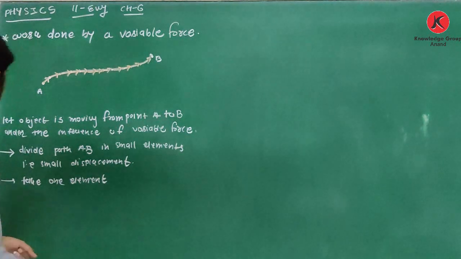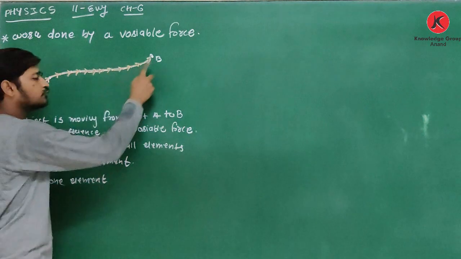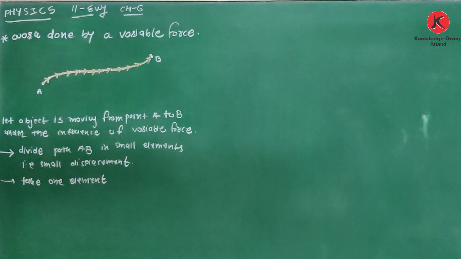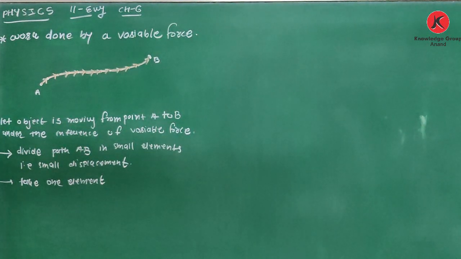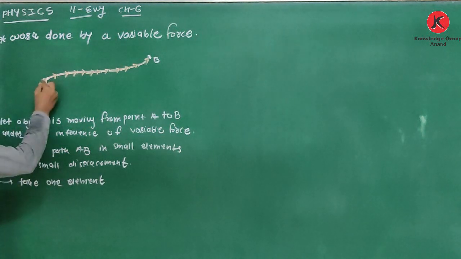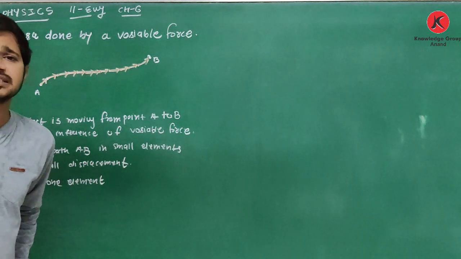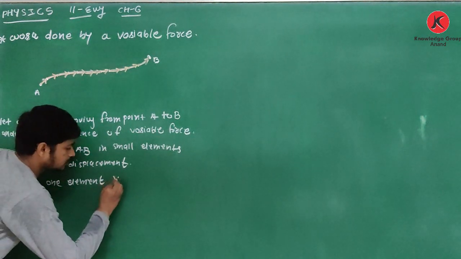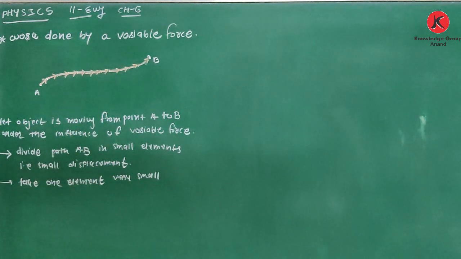On the whole path the force is not constant; at each and every point its value is different. But if I take elements small, for a very small displacement I can consider that force to be constant. So take one very small element.